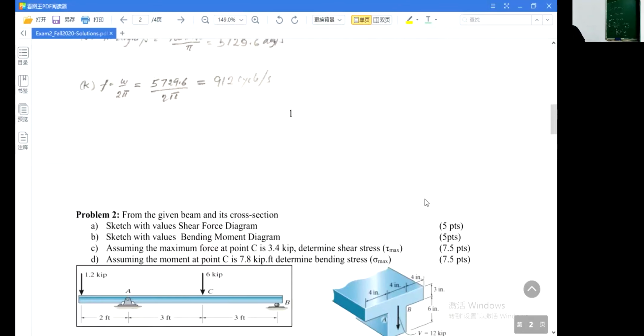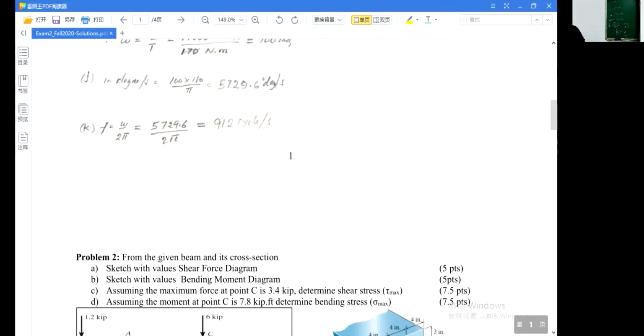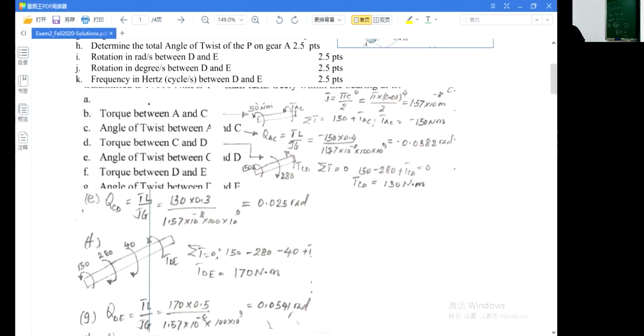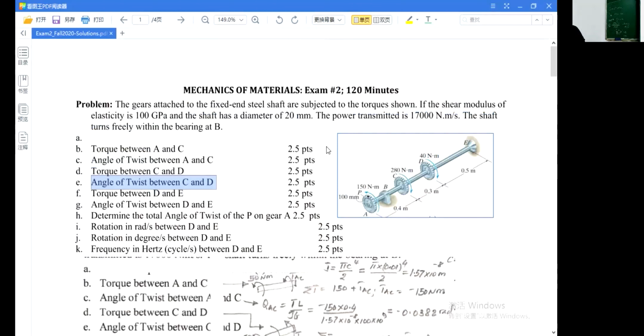So we know it. Okay. Understand the problem. If you know all this question, you know how to find it. It means you know torsion. This chapter torsion, you grasp it.